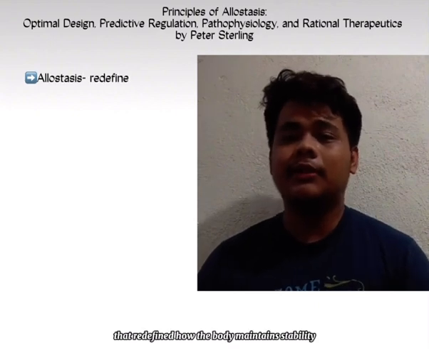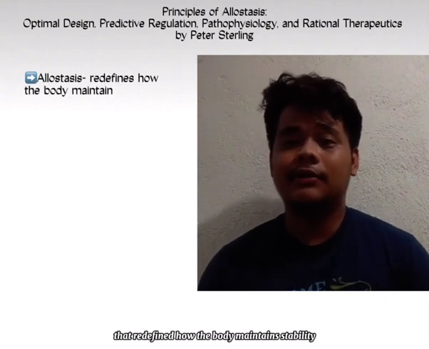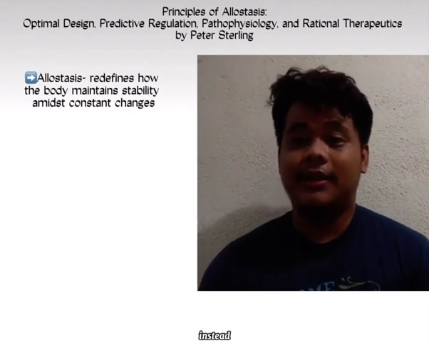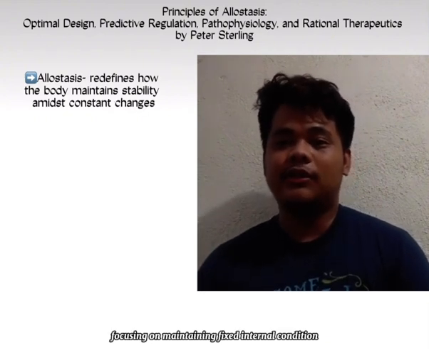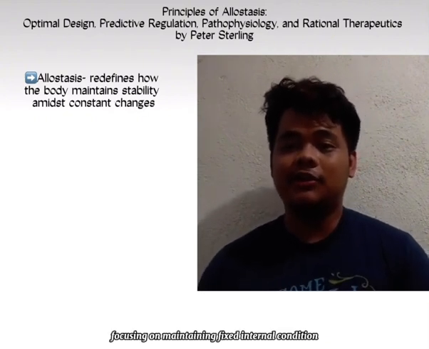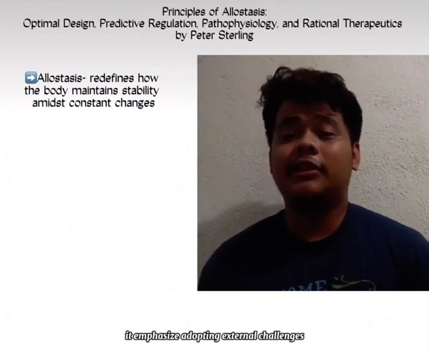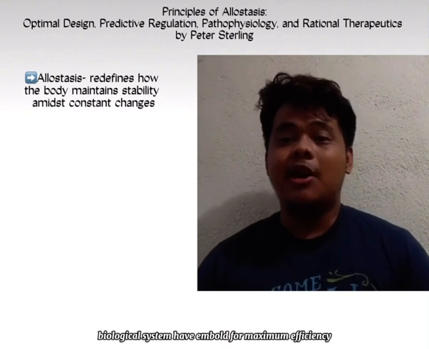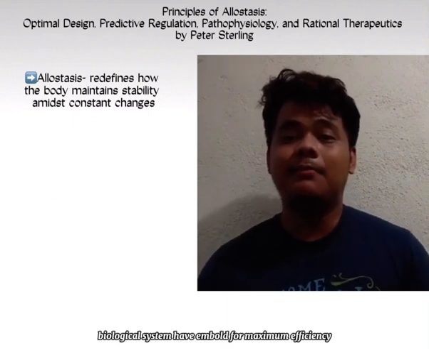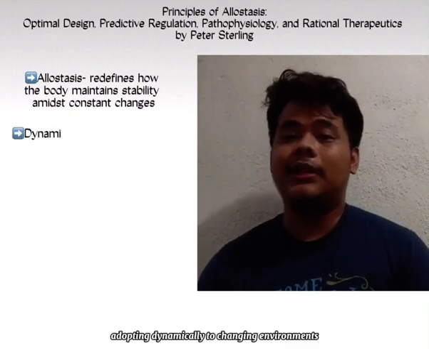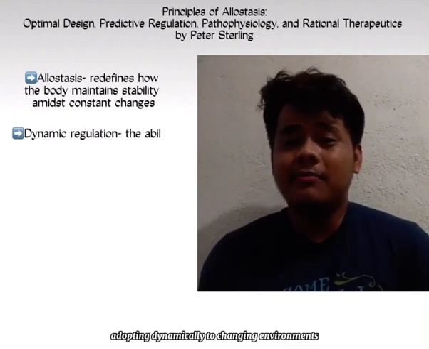Allostasis is a framework that redefines how the body maintains stability amidst constant changes. Instead of focusing on maintaining fixed internal conditions, it emphasizes adapting to external challenges. Biological systems have evolved for maximum efficiency, adapting dynamically to changing environments.